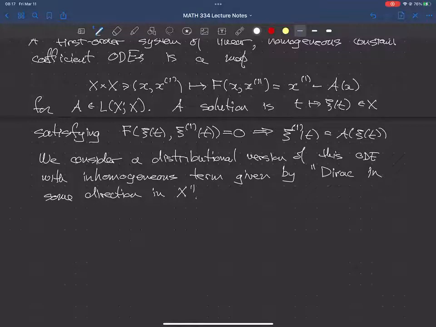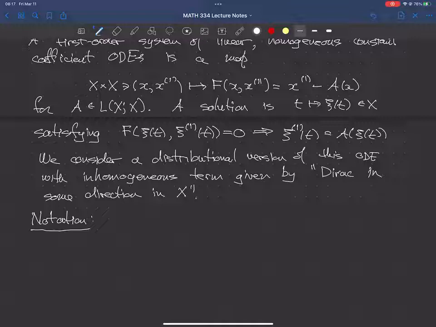Right, so notation. So I'm going to introduce some kind of fancy looking notation for things which are not that fancy. But the notation is fancy.